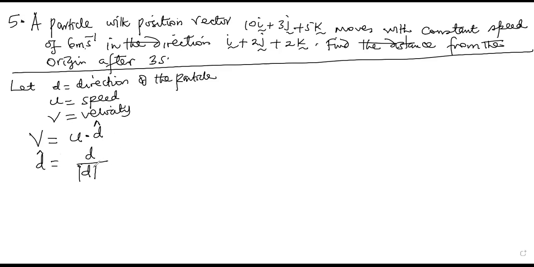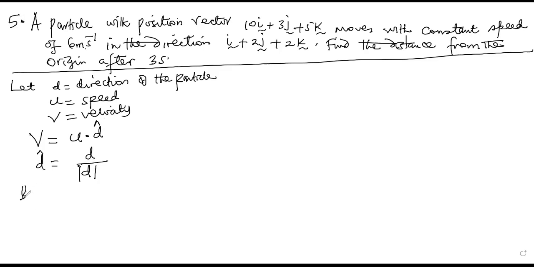So you need to know this. To get v, you take the speed, which is 6, and multiply it with d cap. This is the directional unit vector.